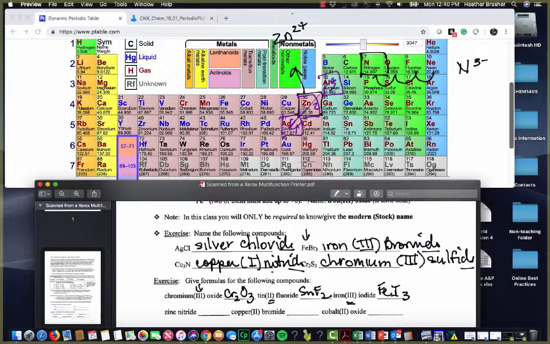So that's how you can remember the zinc one. And so zinc is always +2, nitrogen is -3. So again, how do we make this equal? Well, the first number they both multiply into is 6. So then we know that this would be 2, that would be 3, and you would write it like that.